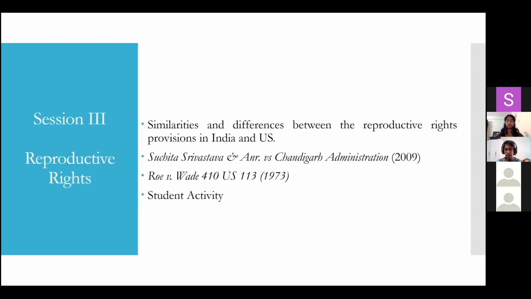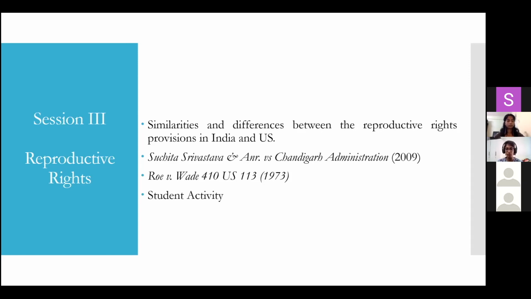The third thing we discussed was how these regulations are framed: in the Indian context we don't recognize the right to abort, and the MTP Act is an exception to the larger criminalization of abortion in India. And in the US, maybe the regulations are an exception on the right to abort. So these were the discussions we had.